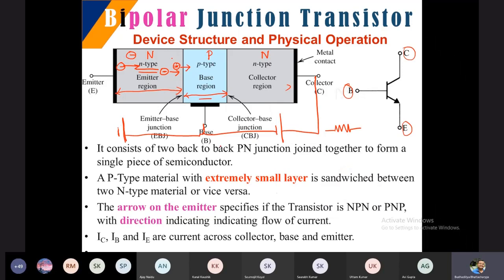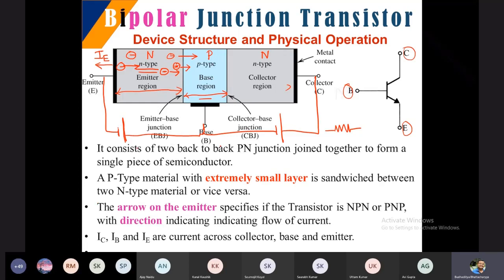Please make a note of it. Because of the supply voltage we are applying, the current flowing will be towards the emitter, the IE.